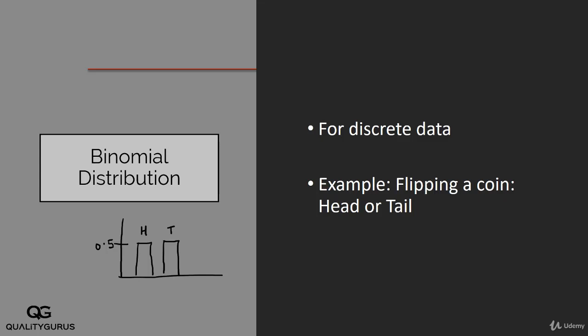We have not gone into details of probability, but let's take that for now, and that's common sense as well. This is two heads, this is one head, one tail, and this would be two tails. This is 0.25 and this is 0.5. So this is how I would draw a binomial distribution when I am flipping two coins.